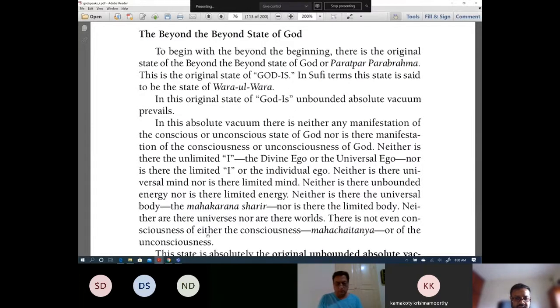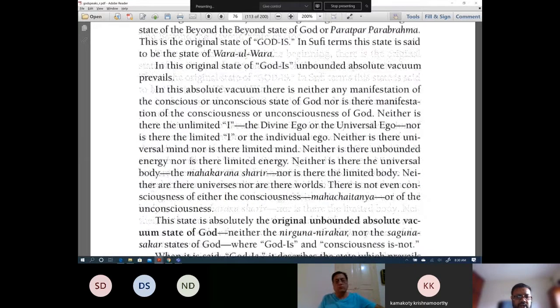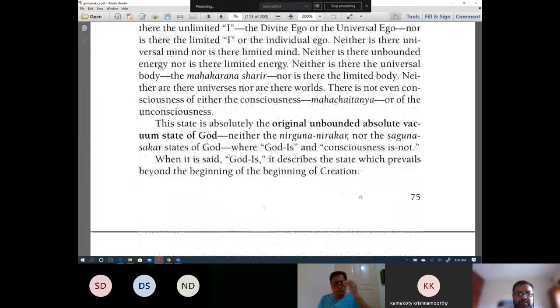There is not even consciousness of either the consciousness, Maha Chaitanya, or of the unconsciousness. This state is absolutely the original, unbounded, absolute vacuum state of God, neither the Nirguna Nirakara nor the Saguna Sakara states of God, where God is and consciousness is not. When it is said God is, it describes the state which prevails beyond the beginning of creation.